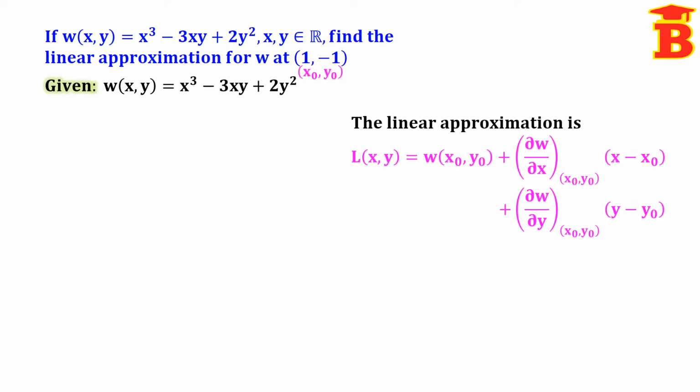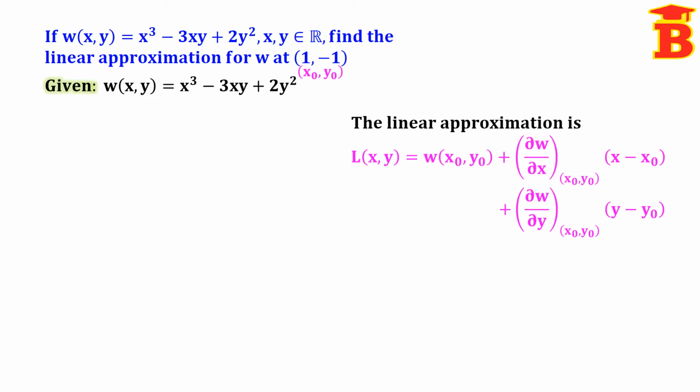Now see the formula L of x comma y. L means linear approximation, equal to w is the given function. So in the problem the function is w. So w of x0 y0, we have to substitute the point in w, plus dou w by dou x.